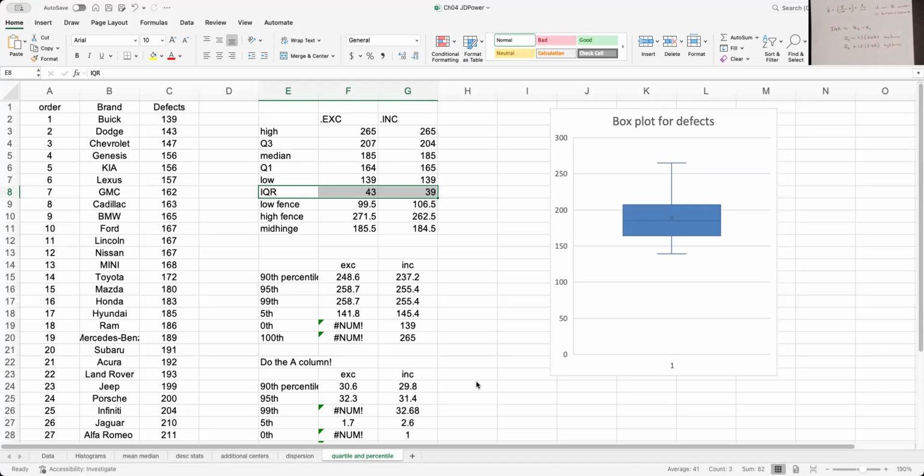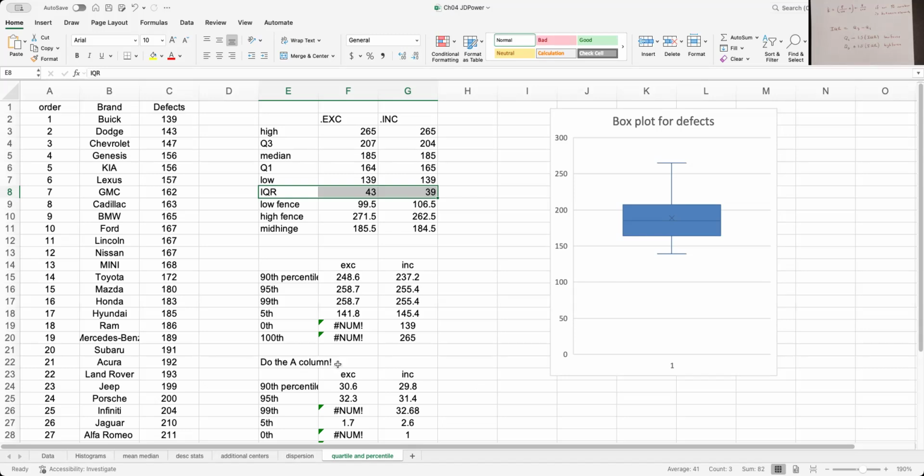Depending on which quartile you used, it could be different. If you use the exclusive quartile, it's 271.5. If you use the inclusive quartile, it's 262. That means we have an outlier, depending on which quartile we chose.